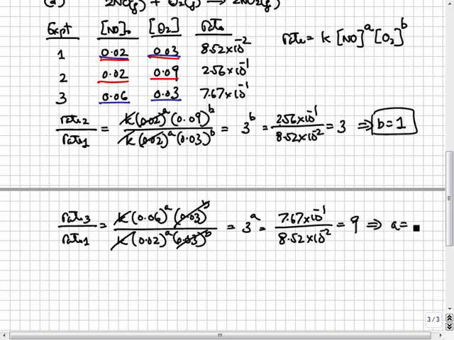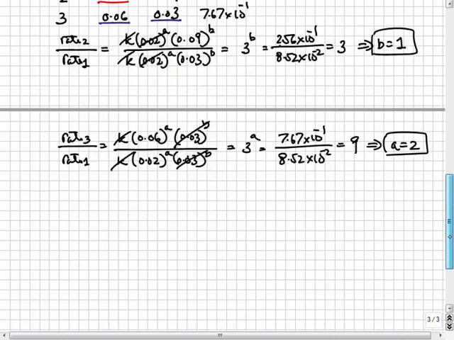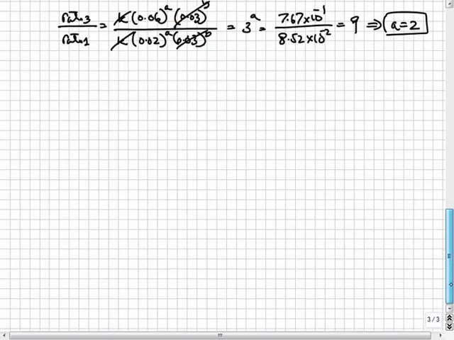And finally, we get a equals 2. Therefore, the reaction is second order in NO and first order in O2. E. The rate law is rate equals k multiplied by NO squared times O2 concentration.